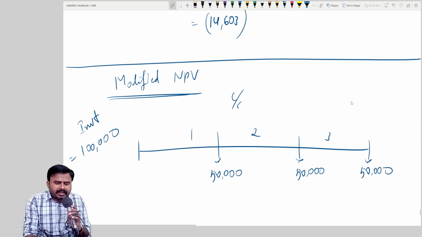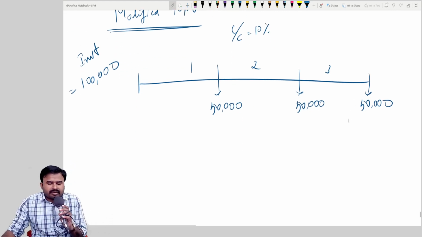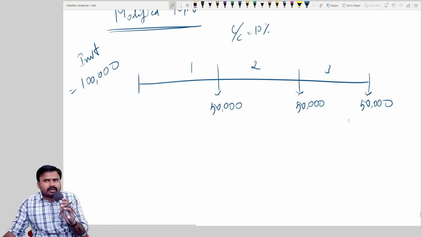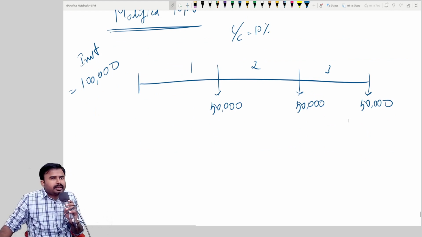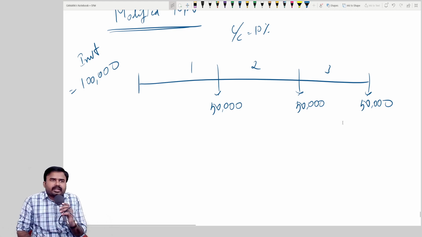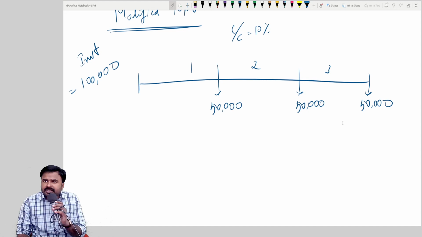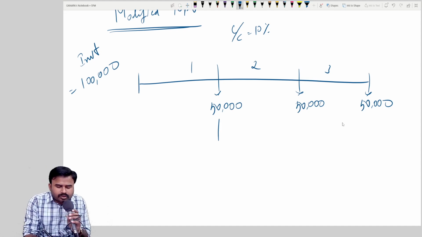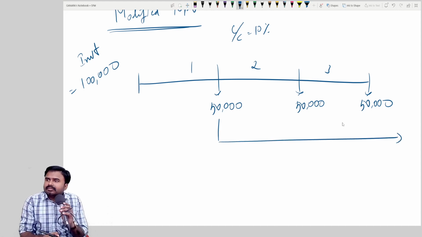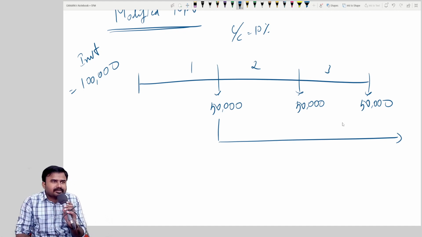Generally, for calculating NPV, I'll follow direct discounting. That means I'll straight away discount the cash flows and deduct investment to get NPV. But in reality, that is not the way to calculate NPV. The real way is, first you should convert all the years' inflows into terminal year by using cost of capital as a reinvestment rate.